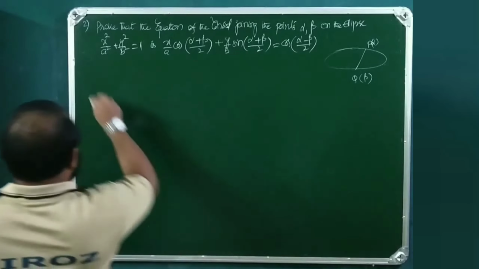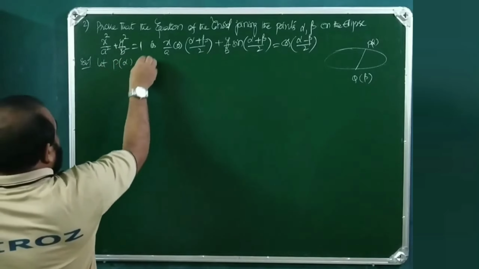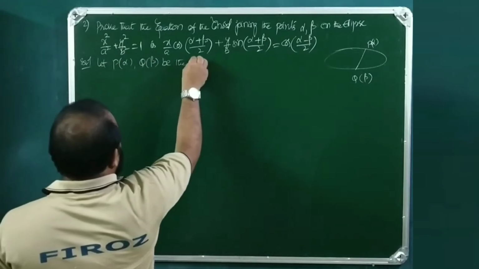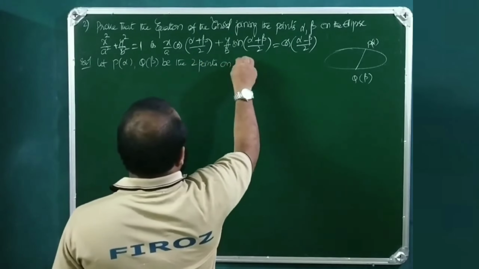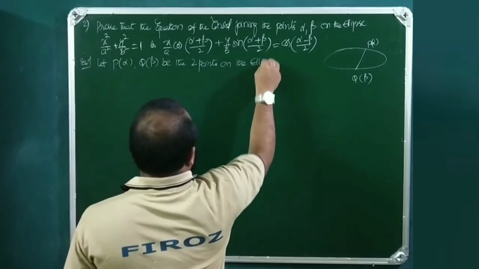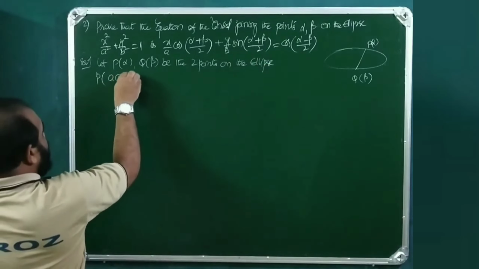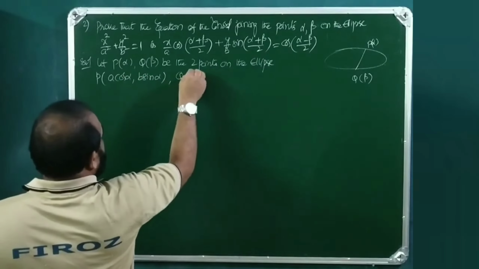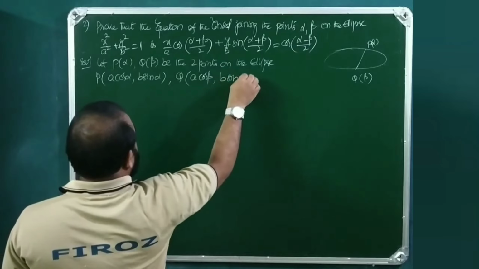Let P alpha, Q beta be the 2 points on the ellipse. So P is equal to A cos alpha, B sin alpha, and Q is equal to A cos beta, B sin beta.